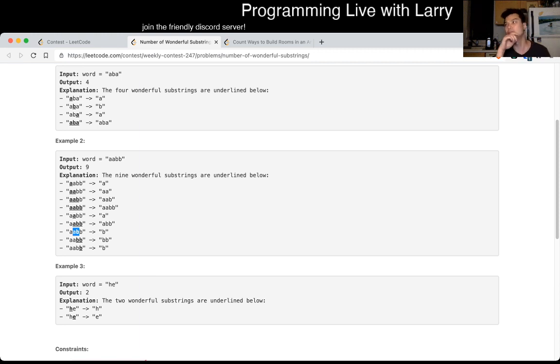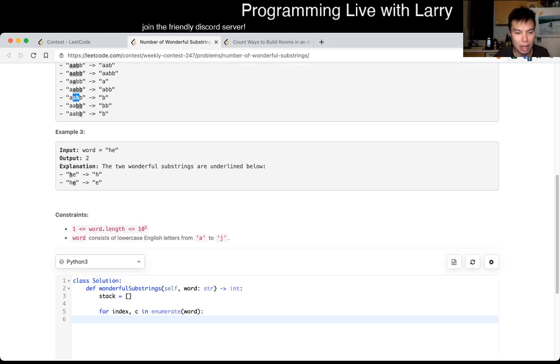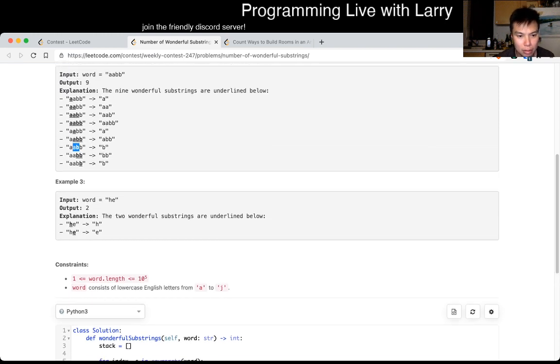Oh, I see. A 1,000 times 10 to the 5 is a little high though. But no, it's just 10 per step. Okay. I think I get how to do it, but it's a little bit tricky. Maybe.